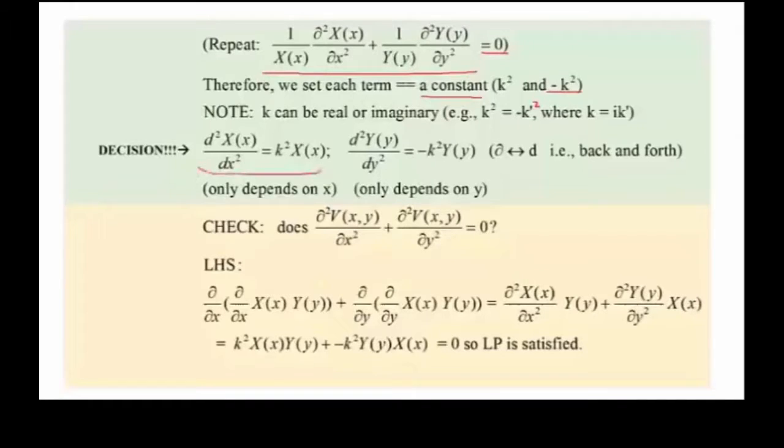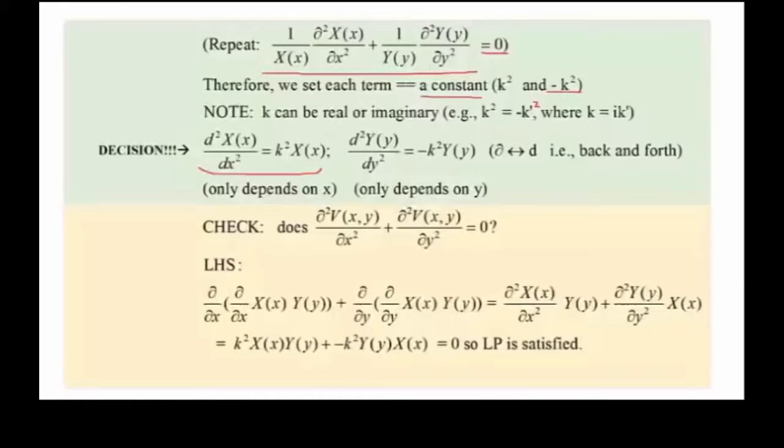Here's our term in terms of the second derivative of X equal to plus k squared times X. Here we have minus k squared times Y. The decision we made is to do that. That's an important decision and may be wrong. But you might have been better off putting k squared here and minus k squared here. It doesn't matter.